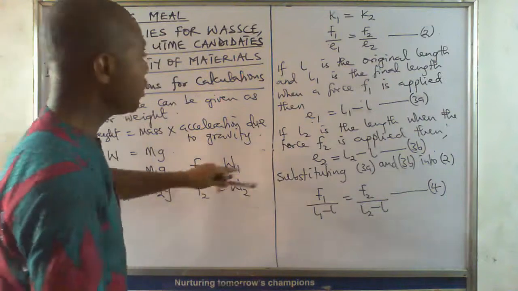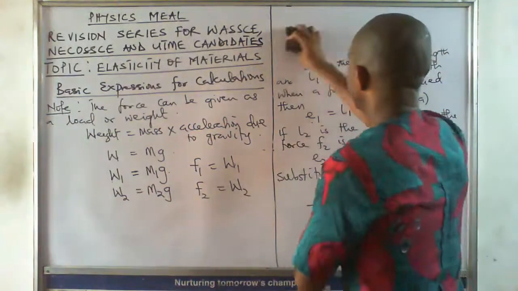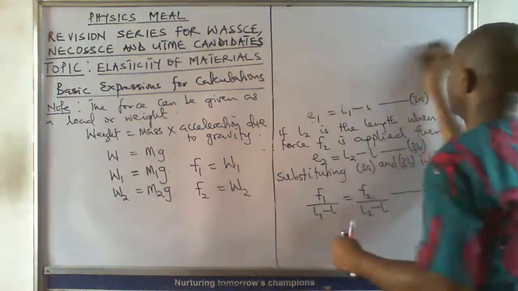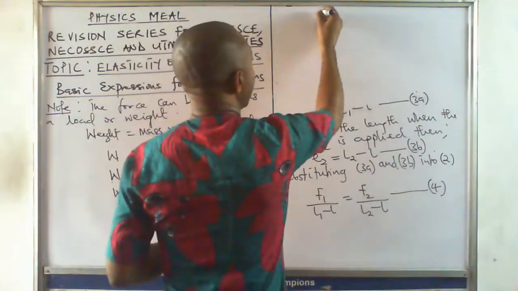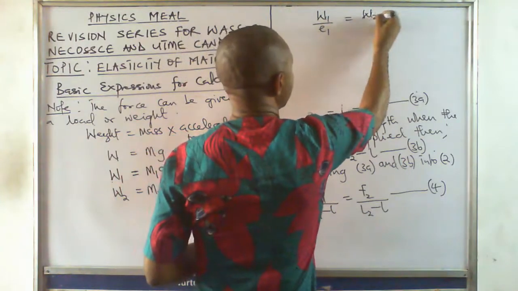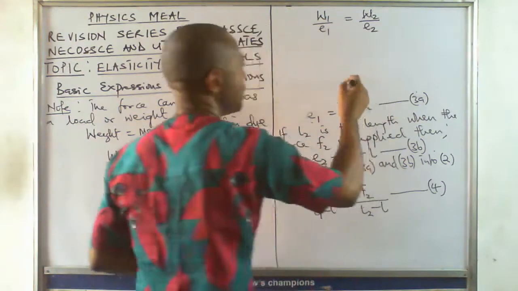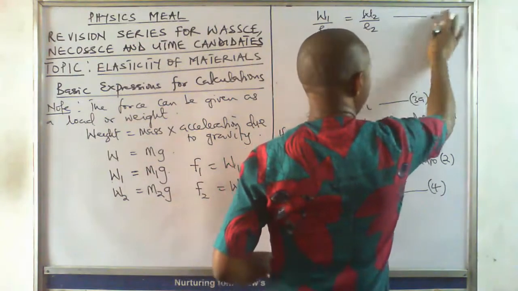Now, in place of this force in these equations, we can write equation 2 as W1 over E1 equals W2 over E2. We can call it equation 5, because we have 4 already.